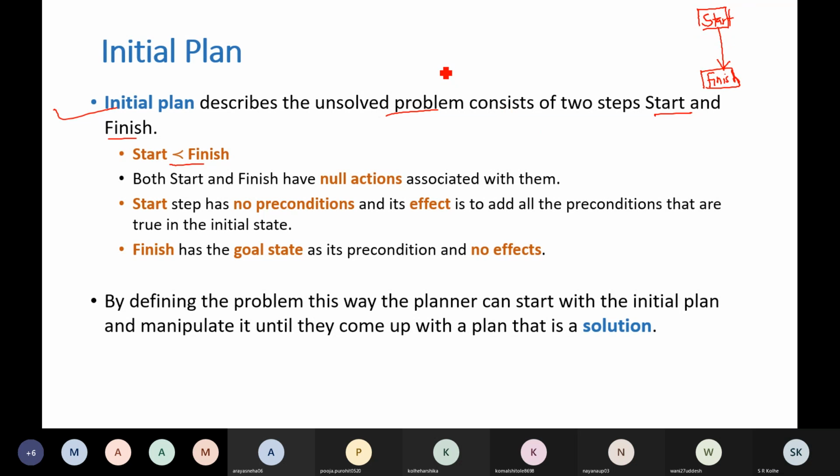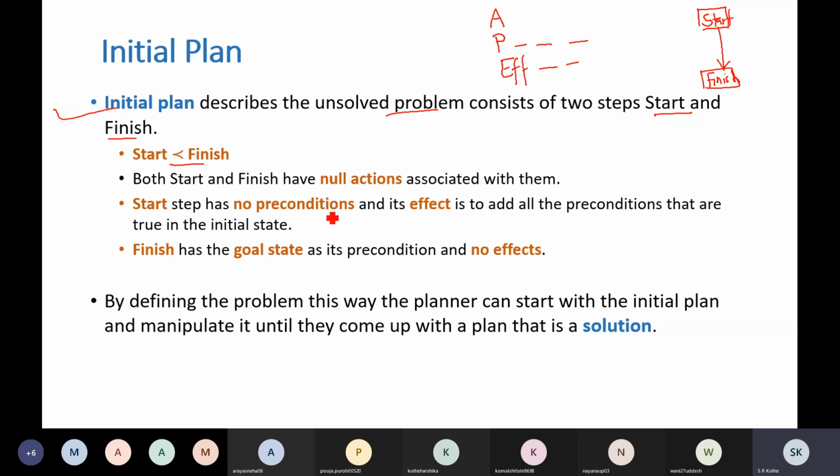Every action, as we have seen, has preconditions, and as a result of that action there are effects. That is a concept we have seen in goal stack planning also.